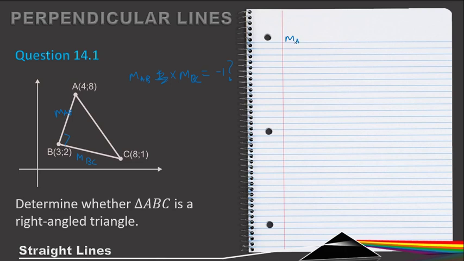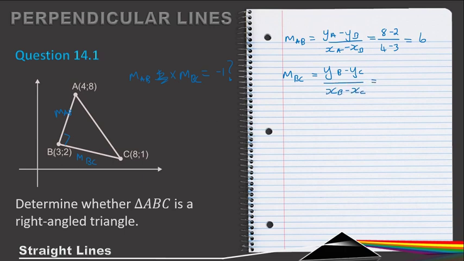Gradient of AB is change of y, yA minus yB over xA minus xB. Then substitute, we have 8 minus 2 over 4 minus 3. And then that gives us 6 over 1, which is just 6. Gradient of BC is yB minus yC over xB minus xC.